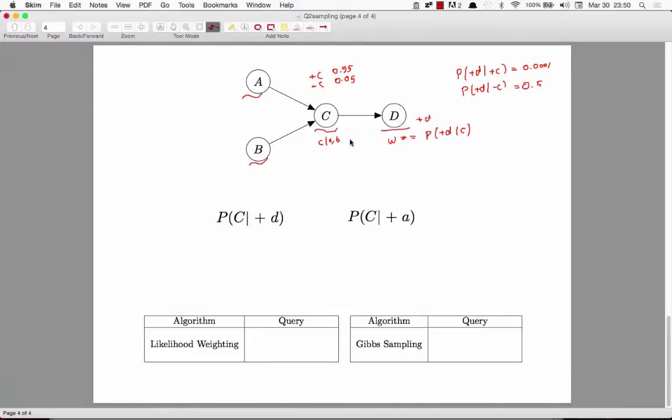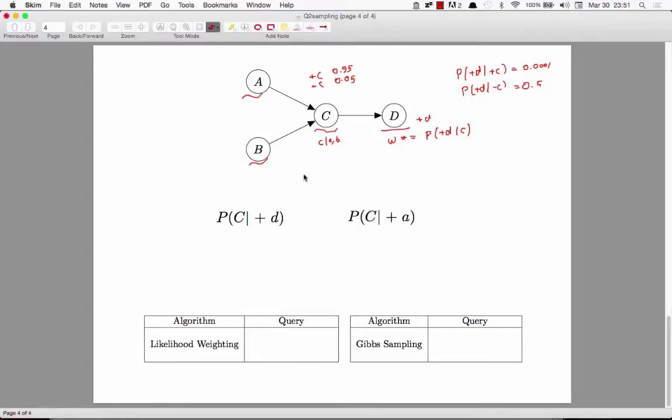And due to this, we might have to draw a lot of samples to have samples with a reasonable amount of weight, and only then could we estimate the distribution P of C given plus D confidently. So the problem was that when we were sampling this variable C, we were sampling it only based on this part of the Bayes net, and the evidence was, so to say, downstream, and that was later affecting the weight of the sample, and in bad cases giving a very, very small weight to the samples.